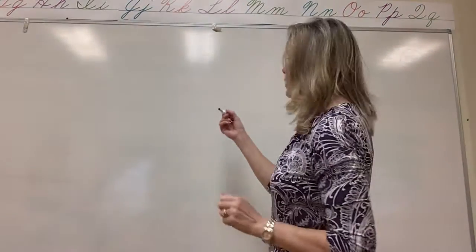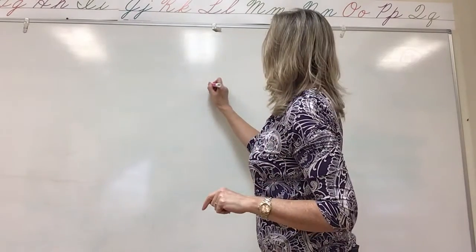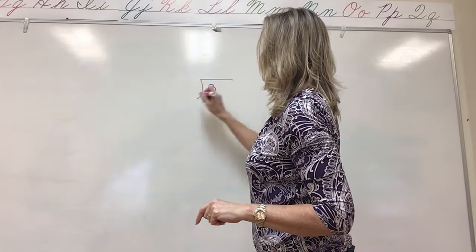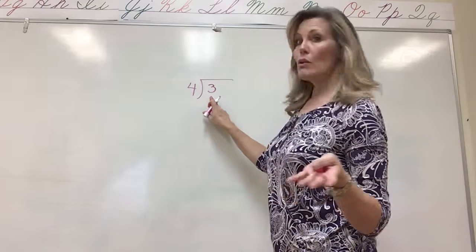So look at the first example, and they give you 3/4, and we talked about this one already. We did all of the fourths. So if I have 3/4, that's 3 divided by 4. So if I show it on the board while you're looking at it in your textbook, 3 divided by 4. Well, 4 won't go into 3.